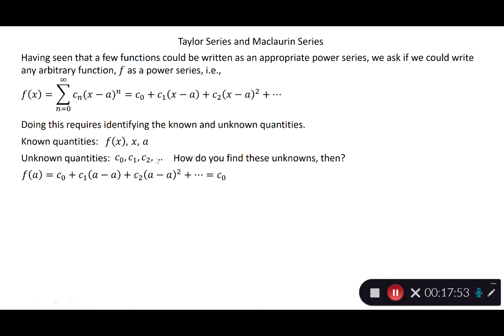You know what a you want to expand this about, what to make the center of this power series. So evaluate the function at that center of the power series, and you get C sub 0. End of the story. How nice. So one constant down and just infinite more to go. That was funny. So let's get busy.